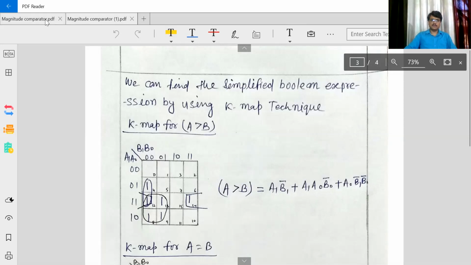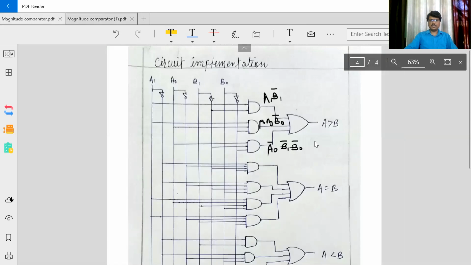Okay, so see here, this is your case. This is the first AND gate, and its input is A1. So we have taken the inputs A1, A0, B1, B0, and simultaneously we have complemented these also, so that designing possibilities are very easy.